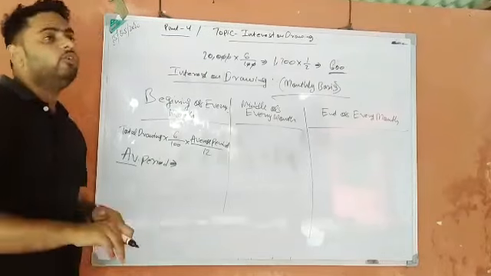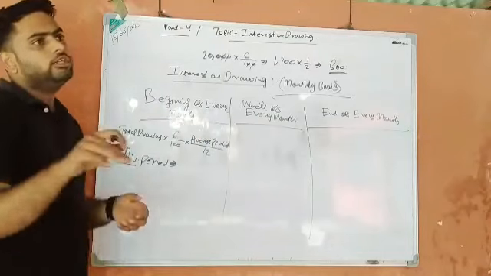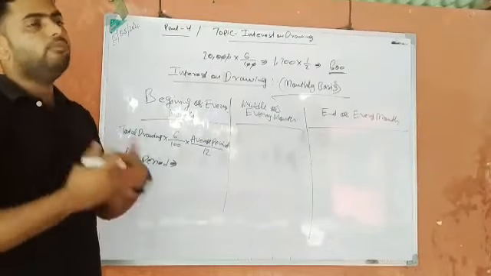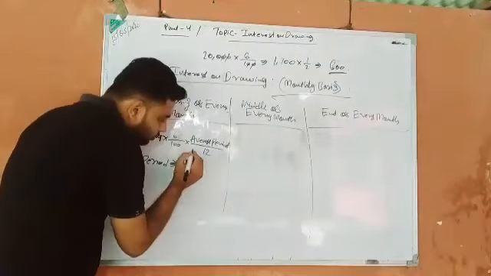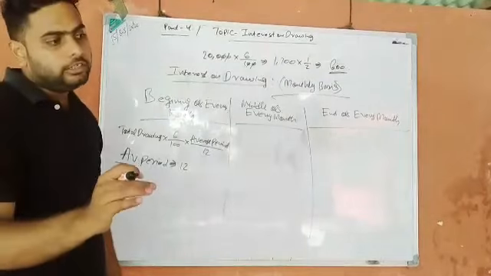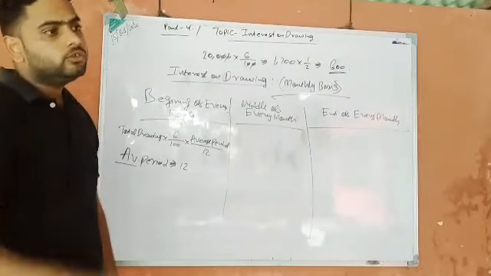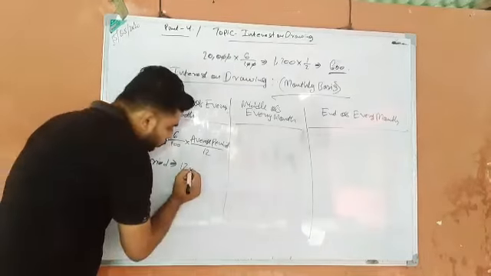If the drawing is there according to this, beginning of every month, on 1st January, how many months are left? There are 12 months, and the last date of drawing will be on 1st December. From 1st December, the entire month is there, so that accounts to 1.